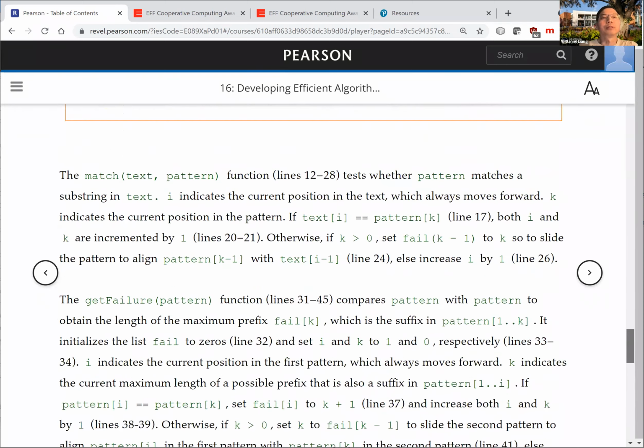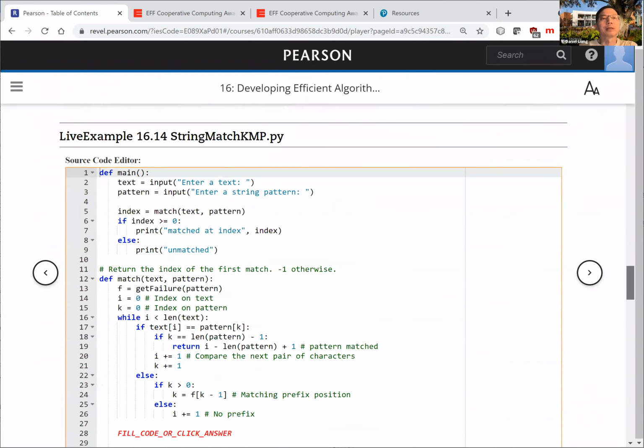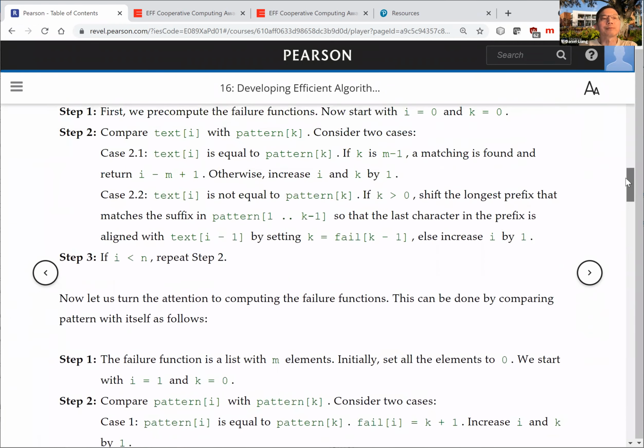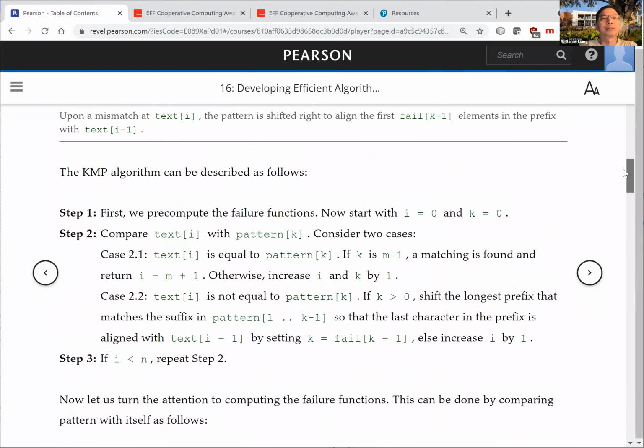There's more detailed information you can study for this algorithm. This is how you shift, and this is the KMP algorithm. You pre-compute the failure function. You start with i is 0 for the text, and k is 0 for the pattern. You compare text i with pattern k.